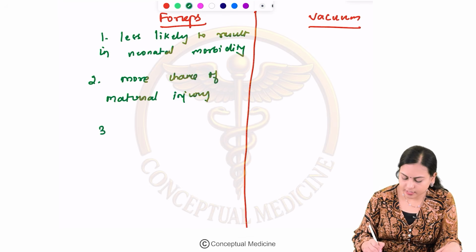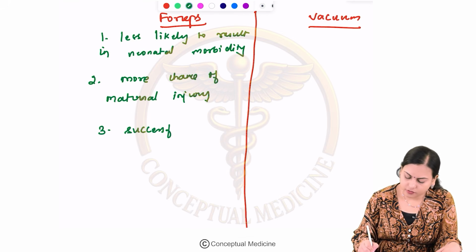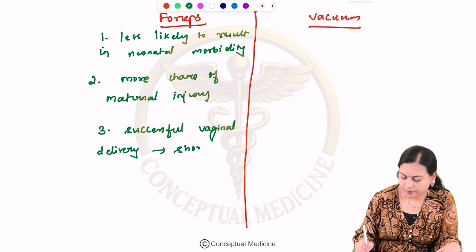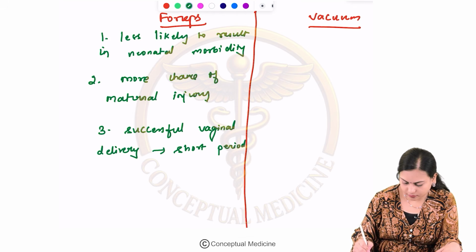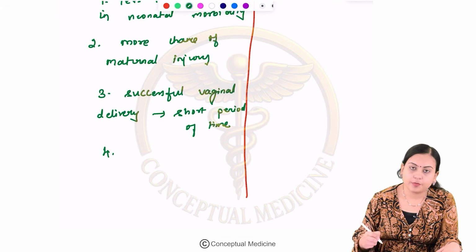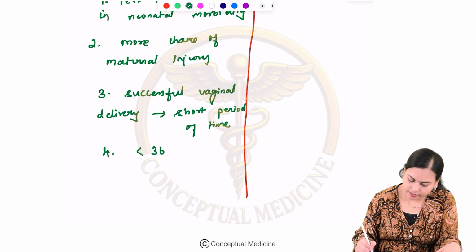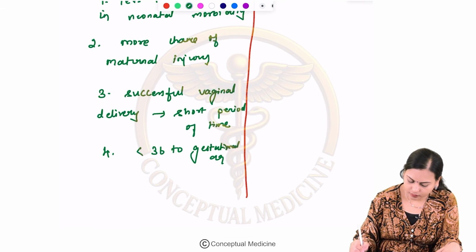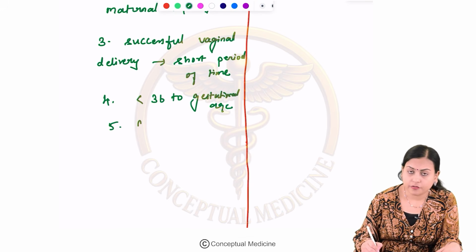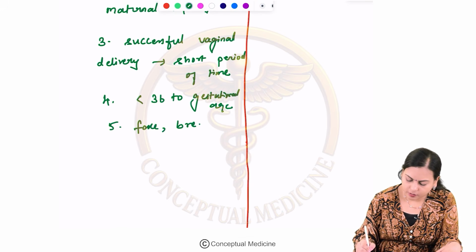Forceps delivery results in successful vaginal delivery over a short period of time. And it is even suitable for preterm babies as well, less than 36 weeks gestational age. It can also be applied in other presentations like face presentation or breech presentation.